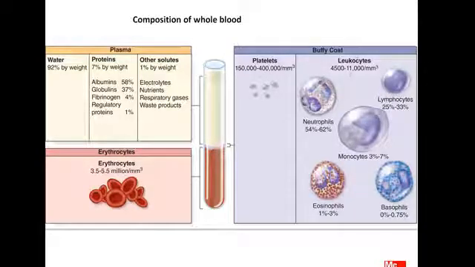We have two types of leukocytes, granulocytes and agranulocytes, called so according to the presence of granules in their cytoplasm.